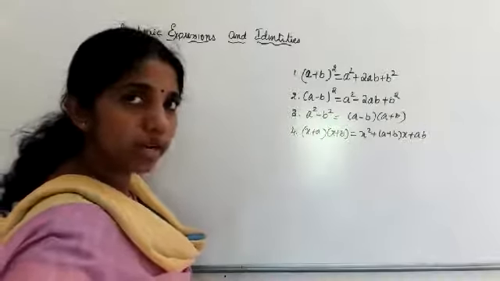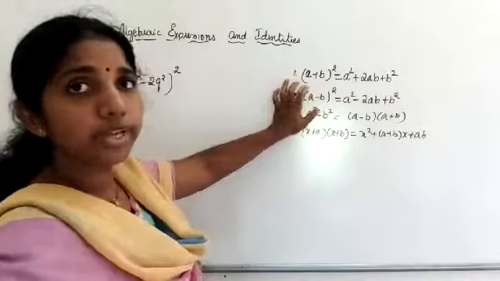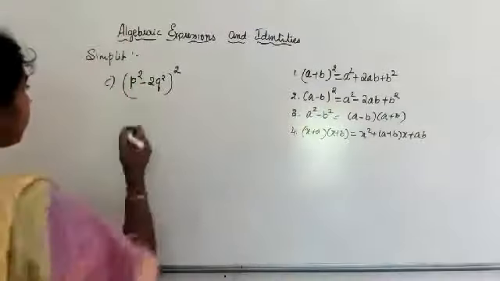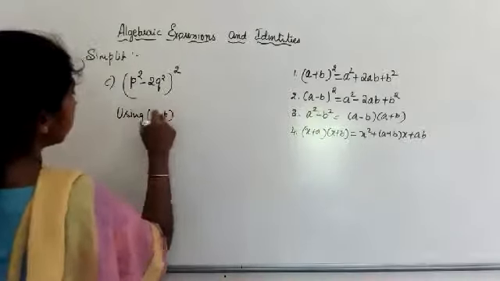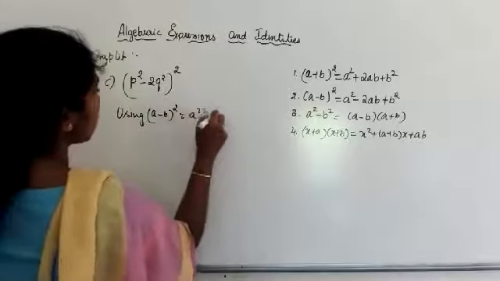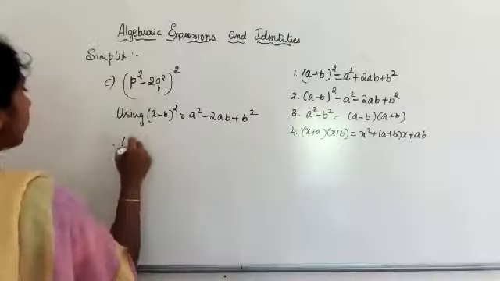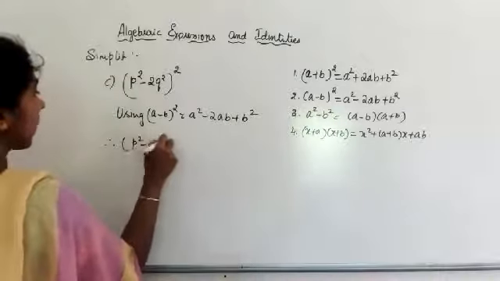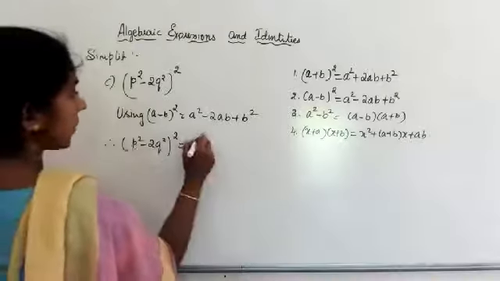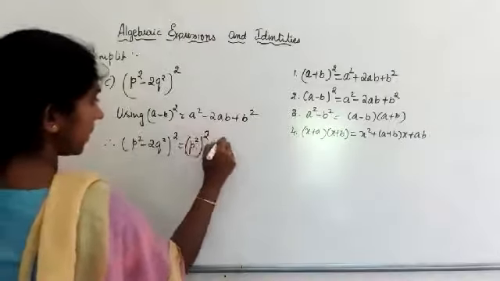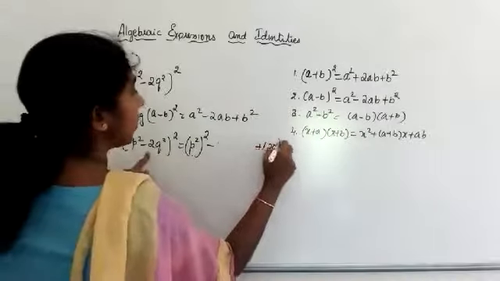The power 2 is outside, so we have to use the second identity, a minus b the whole square, which is a square minus 2ab plus b square. Therefore, p square minus 2q square the whole square is equal to: a is p square, so p square the whole square, minus 2 into p square into 2q, where b is 2q, plus 2q the whole square.